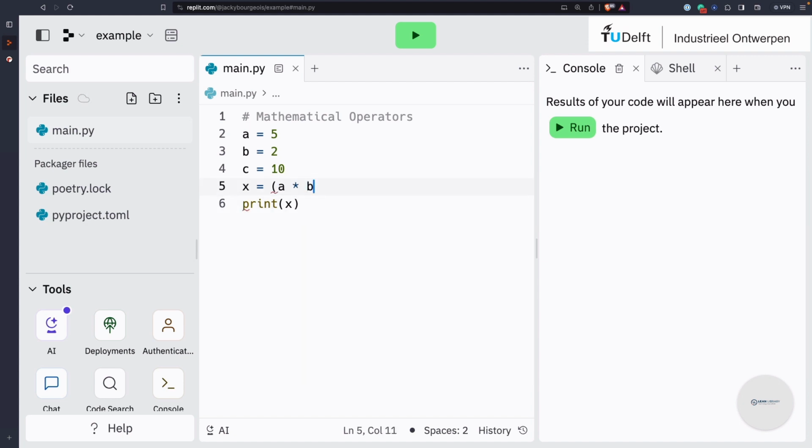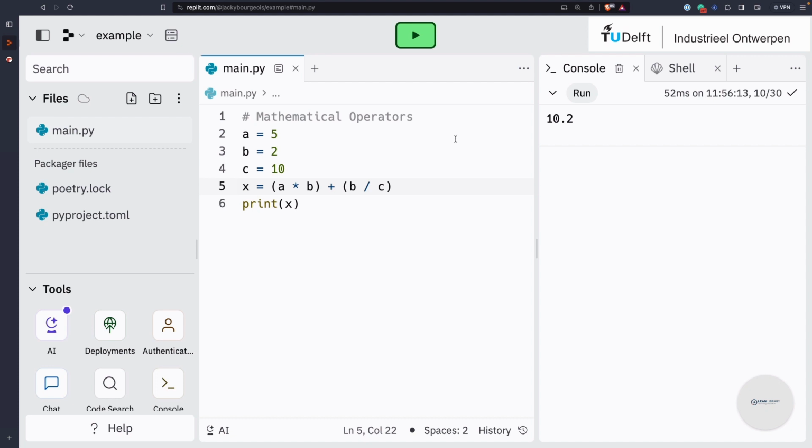And note that you can use brackets just like you do in standard arithmetic to change the order in which operations are executed. And so I could say B divided by C, something like that. Cool. And then we run that. Same.